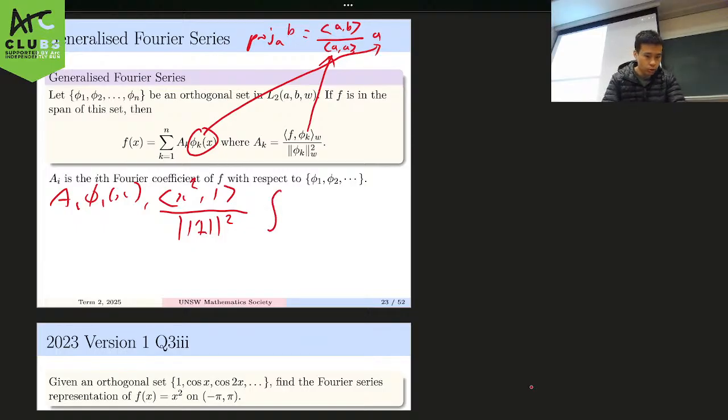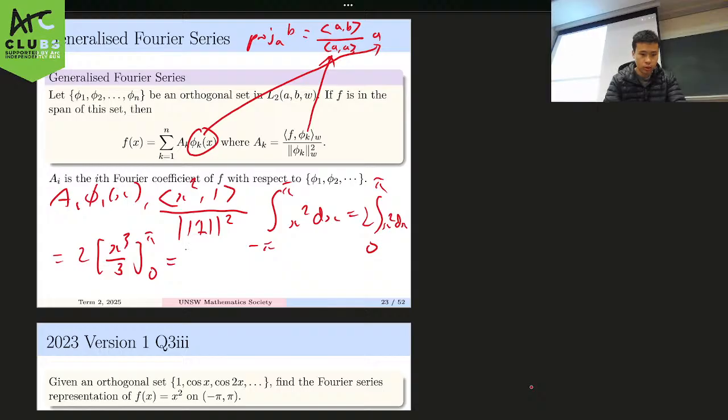In this case, our bounds are negative pi to pi of x squared times 1, which doesn't really do anything. Okay, this is an even function, so let me do this. So this is x cubed on 3, pi to 0, like 2 pi cubed on 3. So that's the top expression.